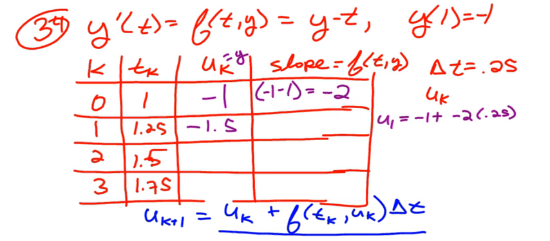Then I'm going to plug these two values into my function to find slope. That slope should be -1.5 minus 1.25, or -2.75. So I want to find the next U sub k, U sub 2.